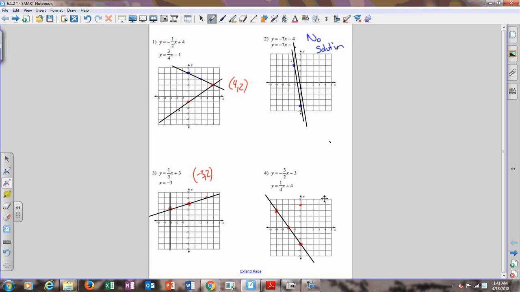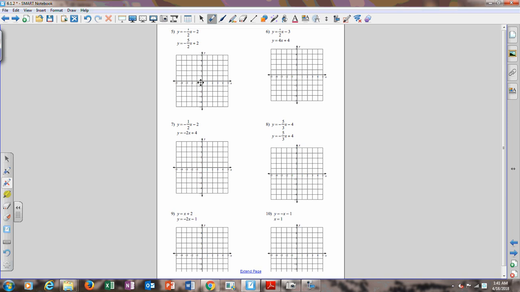You go up 1, right 4, or you can go down 1 and left 4. See where our lines intersect. Intersect at (-4, 3). So there's first 4. Hope you did well on those ones.